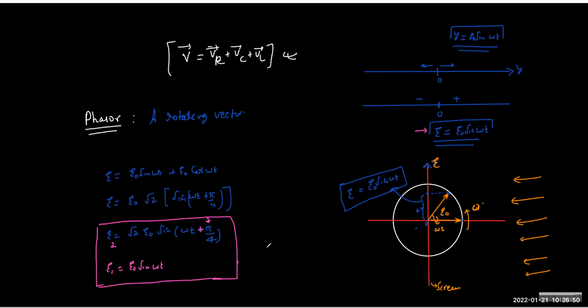So the idea is simple. We take the sin omega t as the first phasor. So the first arrow is, let's say, sin omega t. The second will be a bigger arrow because this is root 2 E naught, and it will be at 45 degrees.